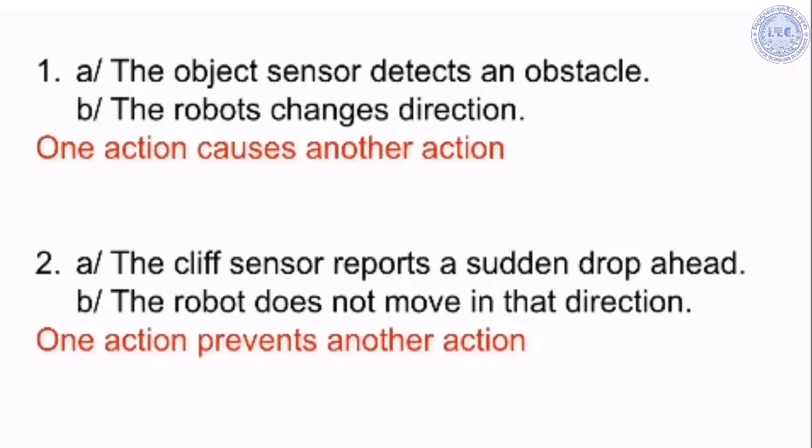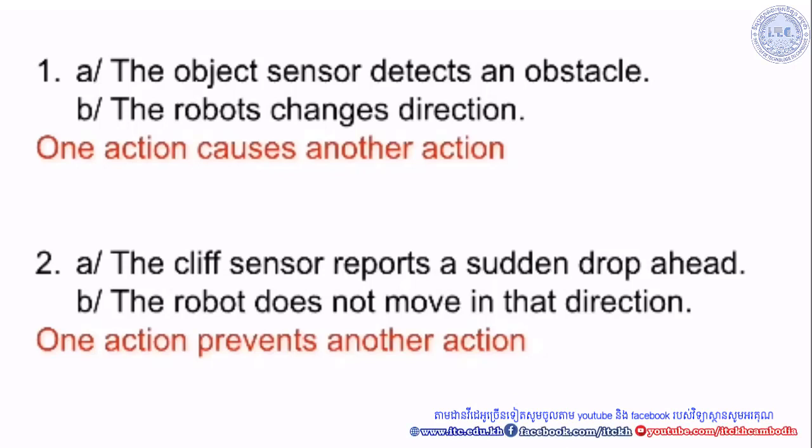The first example shows one action causes another action to happen, but the second one is one action prevents another action. So the sentences have different meanings. The cliff sensor reports a sudden drop ahead, so this is the action that prevents the robot from moving in that direction. So it's one action preventing another action.